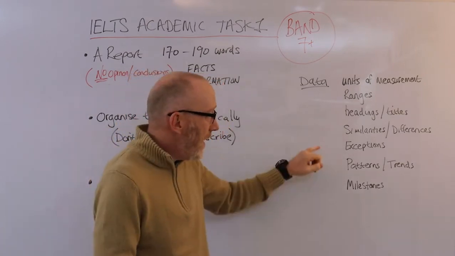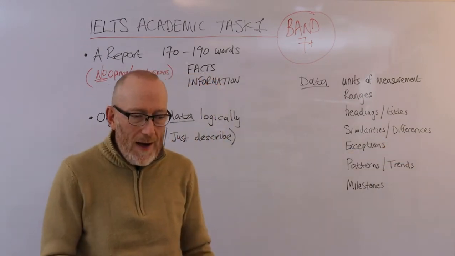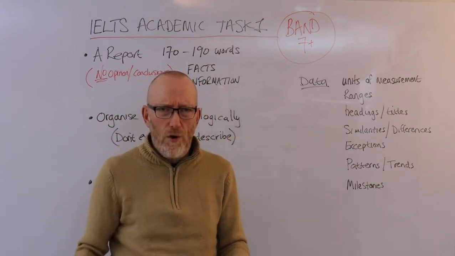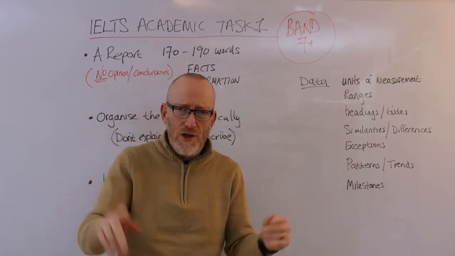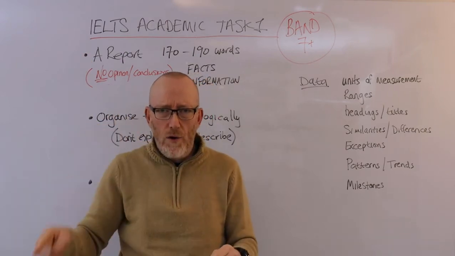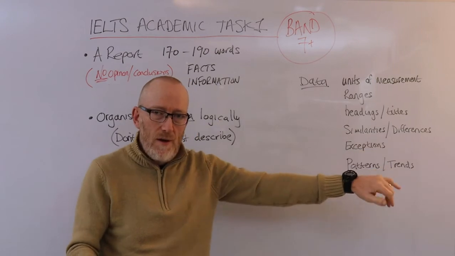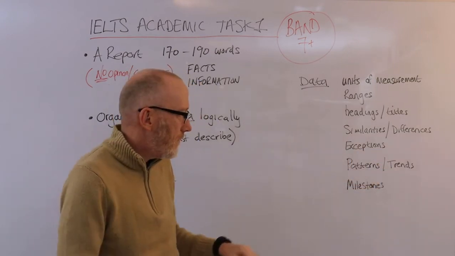An exception is another word for something that is different. So if you have data that shows everything is rising, but one thing is falling, that is an exception. If you have a chart with three different lines growing, but one line falling, that's an exception. It is different, but it's also an exception. Because it's an exception, that means it's key important data.